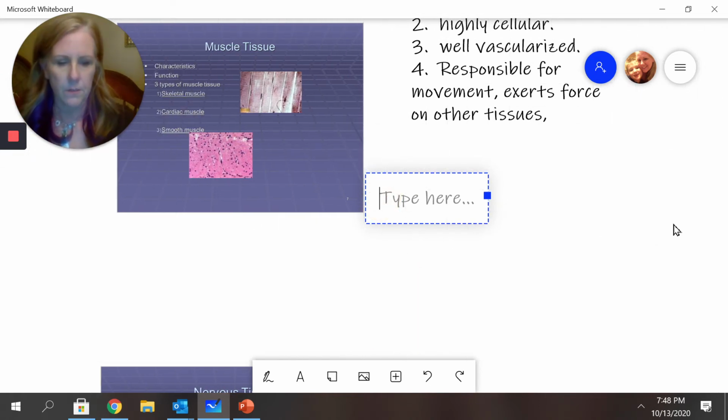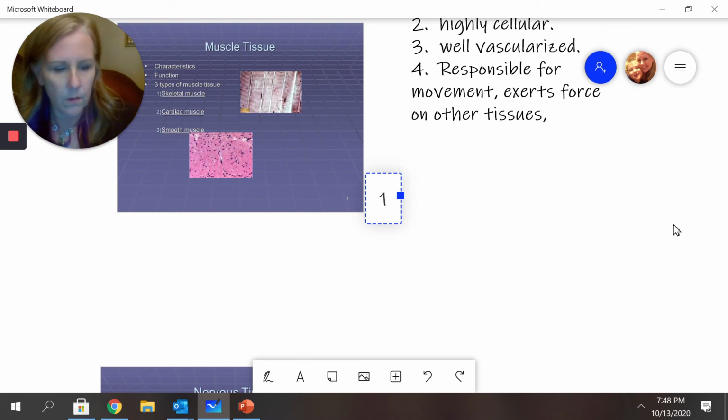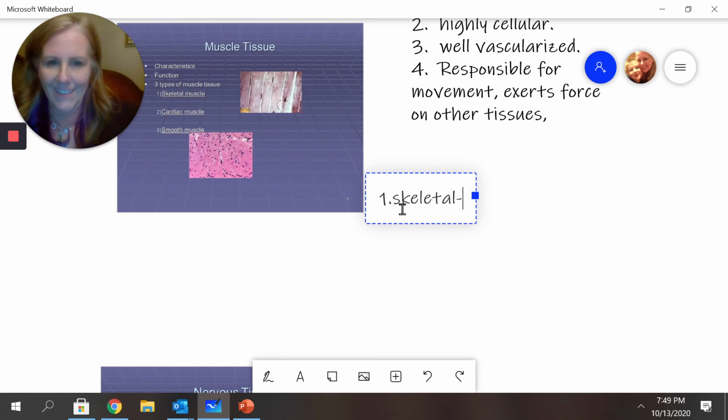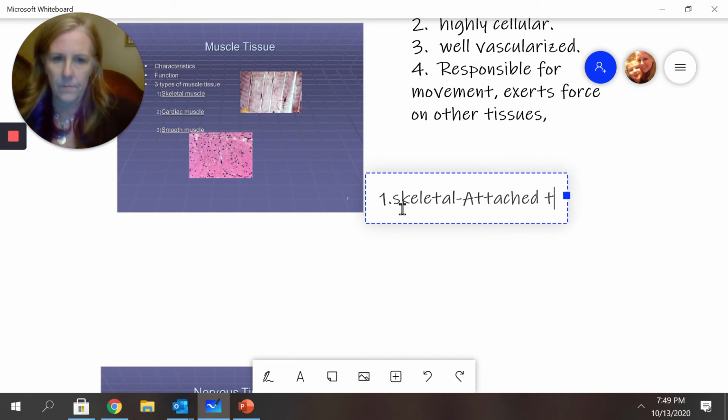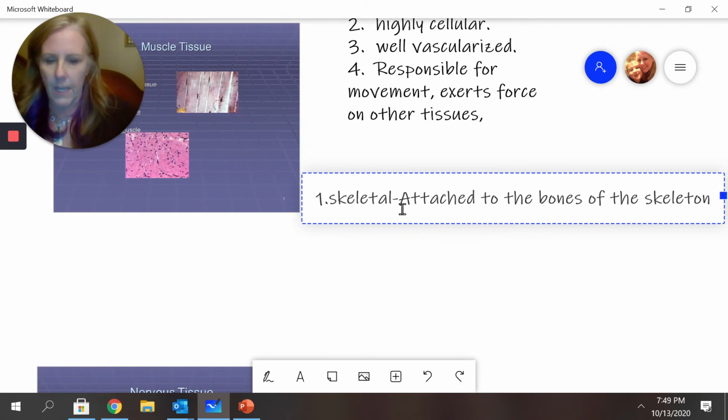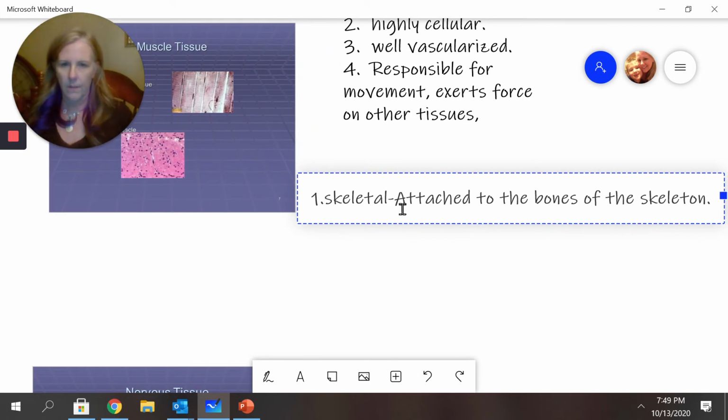So the 3 types of muscle tissue. 1, skeletal. Skeletal muscles. Think of this: skeletal muscles, skeleton, attached to the bones of the skeleton.